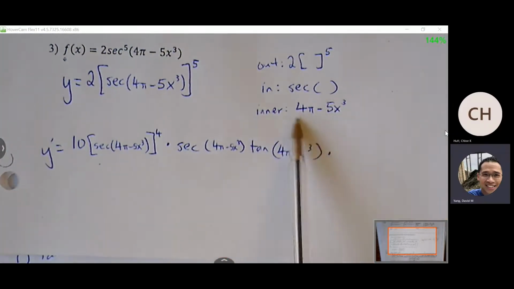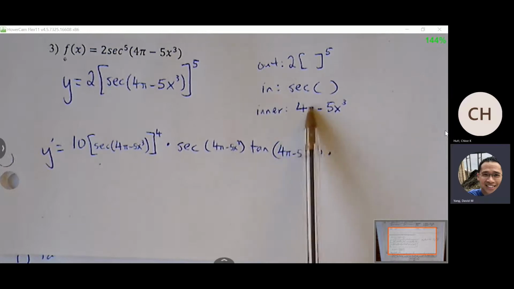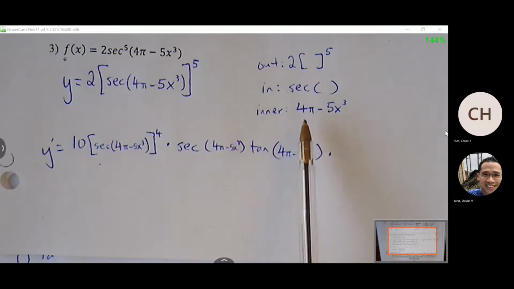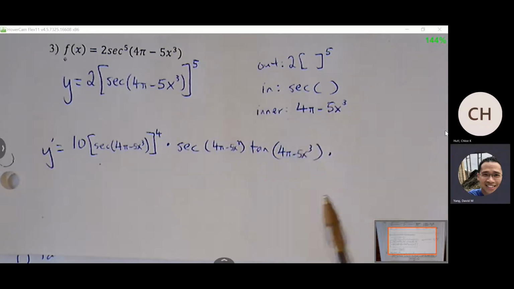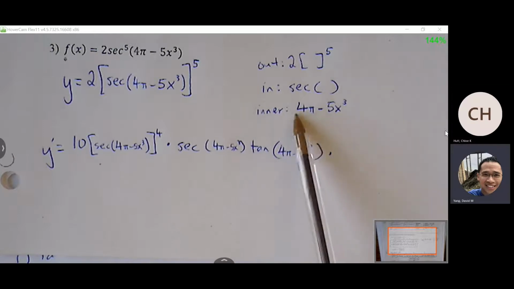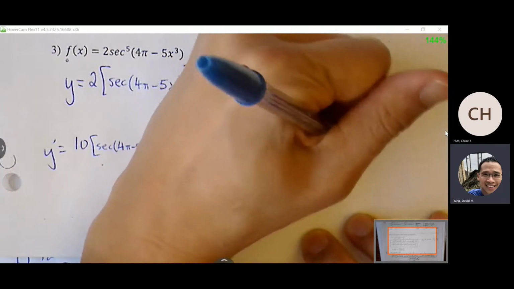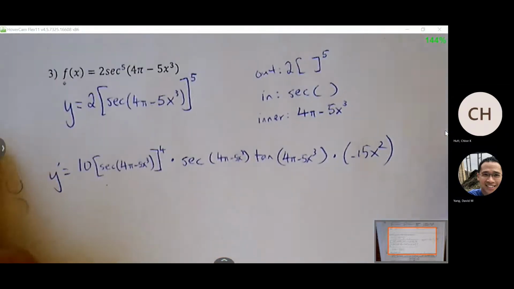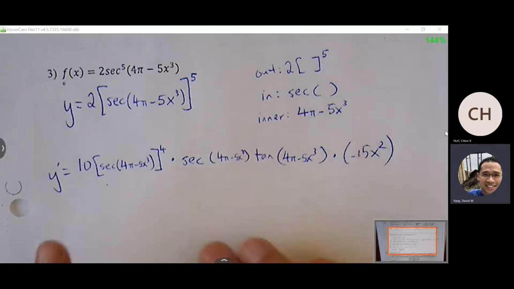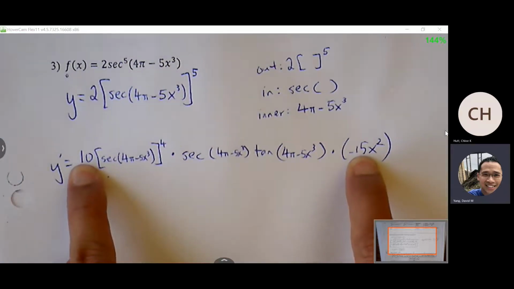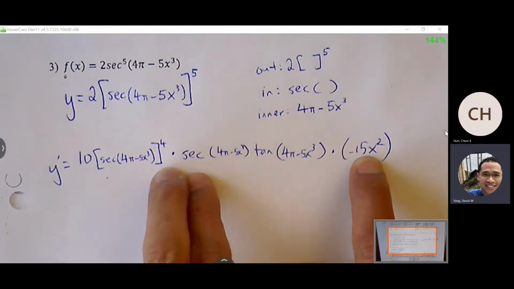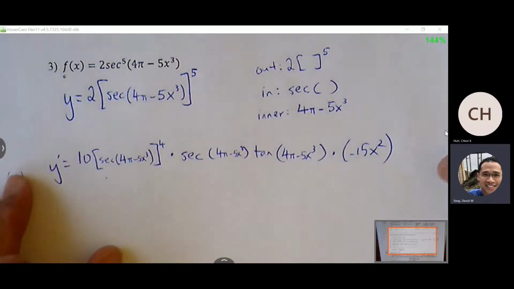Okay, so we got to take derivative of each term. What does 4 pi turn into? Yeah, 4 pi is 0. Good, right. This is 0, yeah, because pi is just a number. 4 pi is like 12 point something, so that's just going to be 0, just negative 15x squared. Do a little bit of cleanup here. I can push all the coefficients, variables together, and then I'll merge the secant, and I'll have the tangent come at the end.